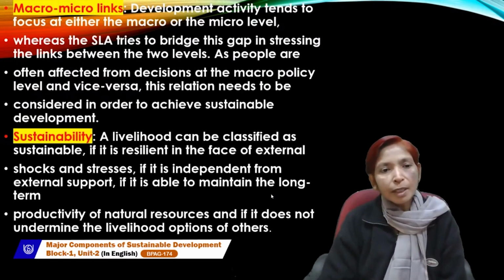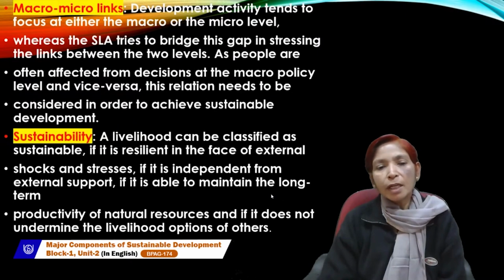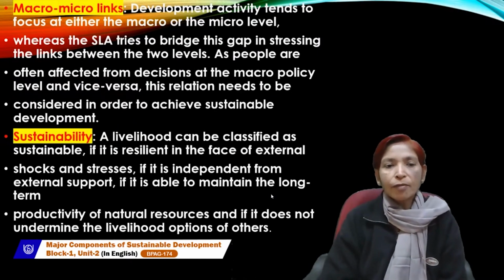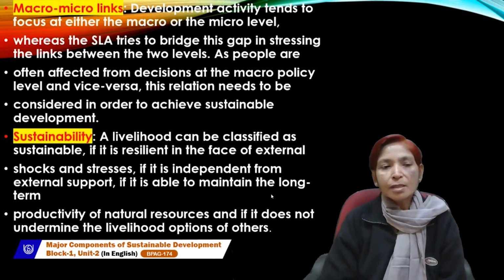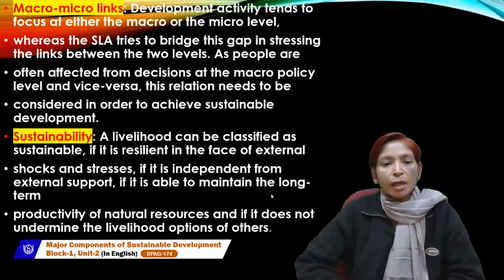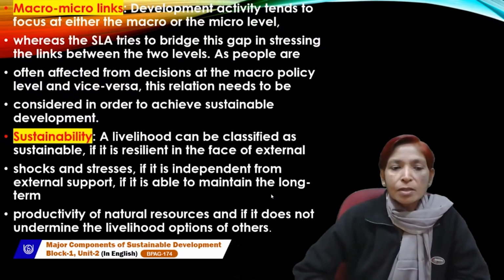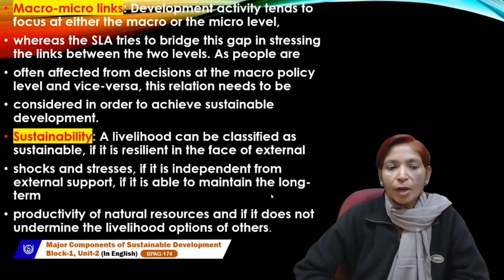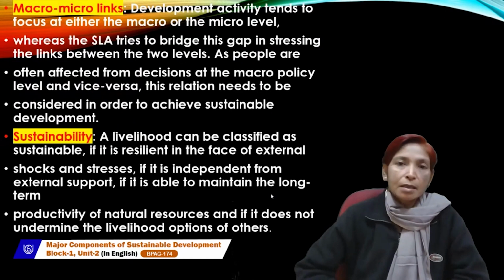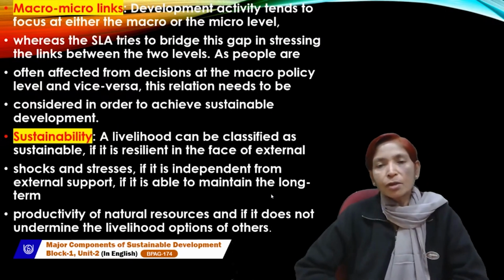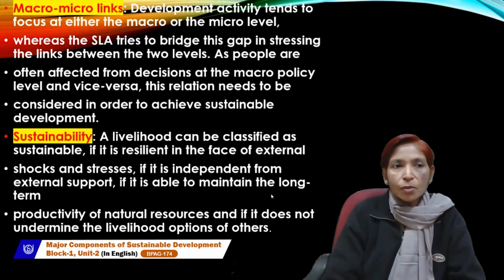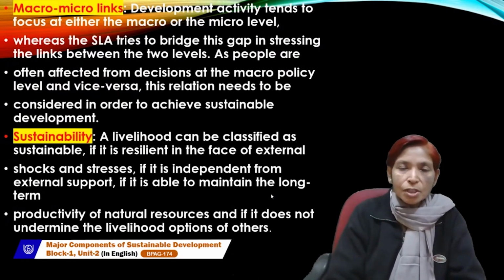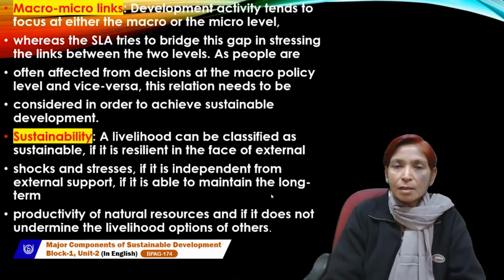And next is sustainability. A livelihood can be classified as sustainable if it is resilient in the face of external shocks and stresses, if it is independent from external support, if it is able to maintain the long term productivity of natural resources, and if it does not undermine the livelihood options of others. So, these are the points indicating the sustainable livelihood approach.